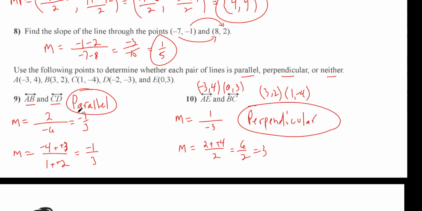I have to see that this and this are equal, and I have to see that this and this are negative reciprocals. If you just take a wild guess and put perpendicular, I'm marking it wrong. If you show me how you got it and you put perpendicular, then good, you got it right.